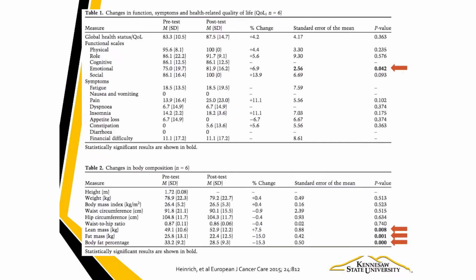And then at the bottom here, you have changes in lean mass, fat mass, and body fat percentage, even if you didn't have a significant change in body weight. Again, it goes back to my original point that body weight may be completely insignificant if we're able to modify body composition.